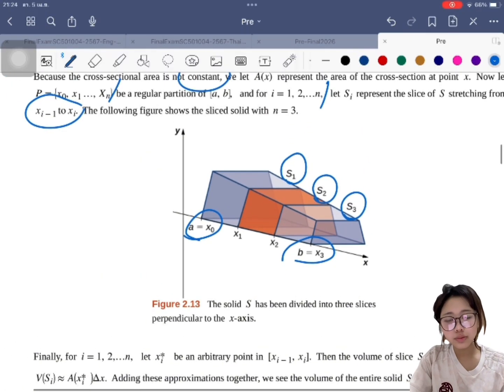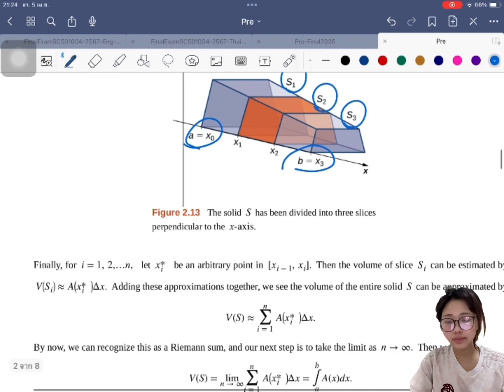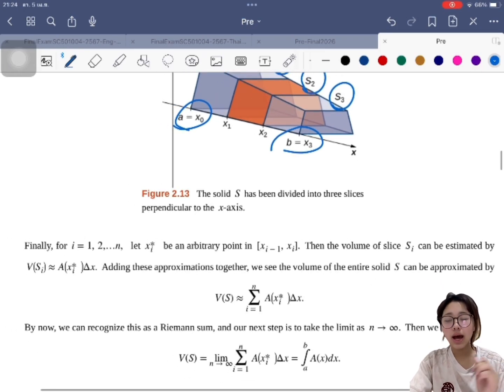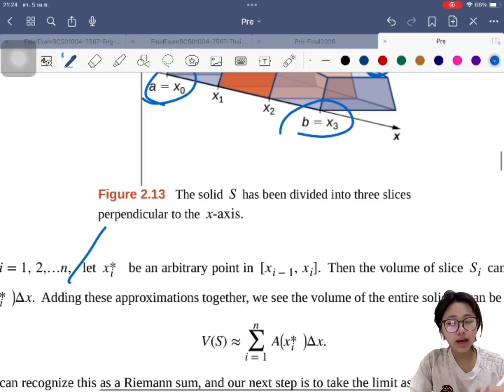From figure 2.13, the solid S has been divided into 3 slices perpendicular to the x-axis. Finally, for i equal 1 to n, the slice is applied between the points x(i-1) and xi.